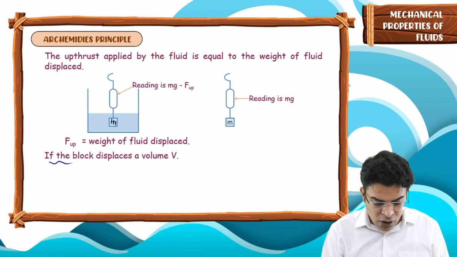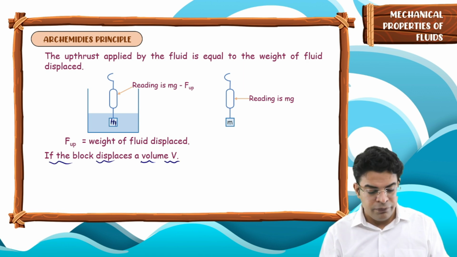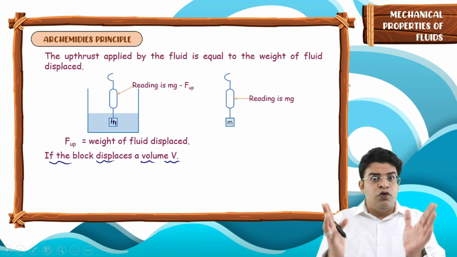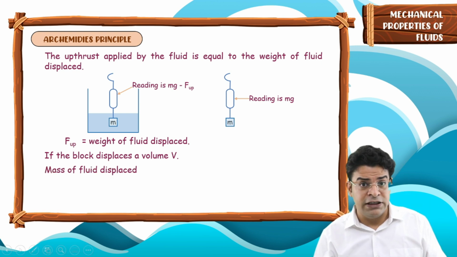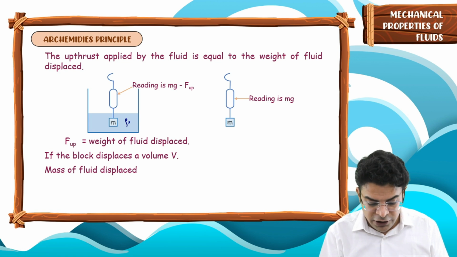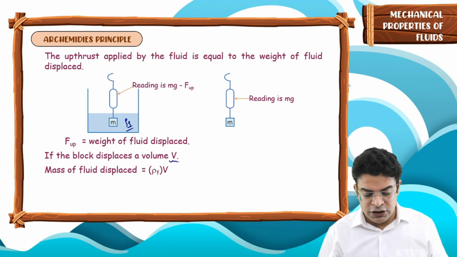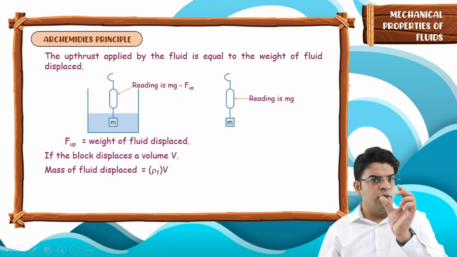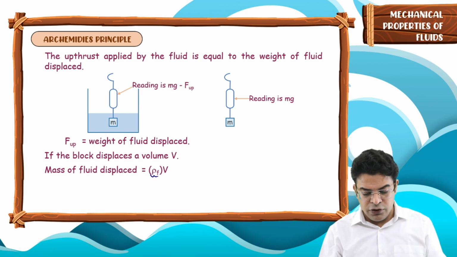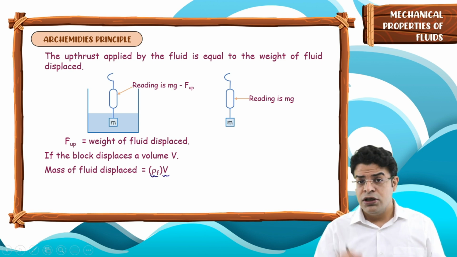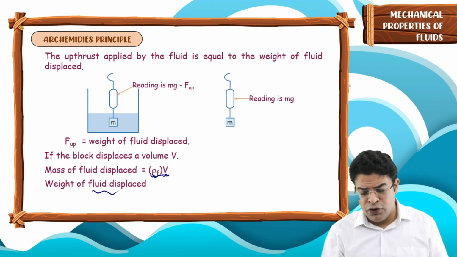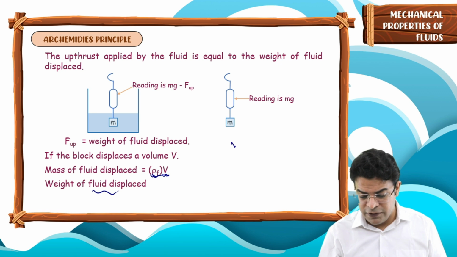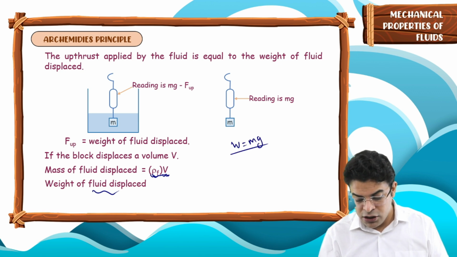So if the block displaces a volume V, then the mass of fluid displaced will be equal to the density of fluid multiplied by the volume displaced. So the weight of fluid displaced will be the mass of fluid displaced multiplied by g, because weight is nothing but mass times g.